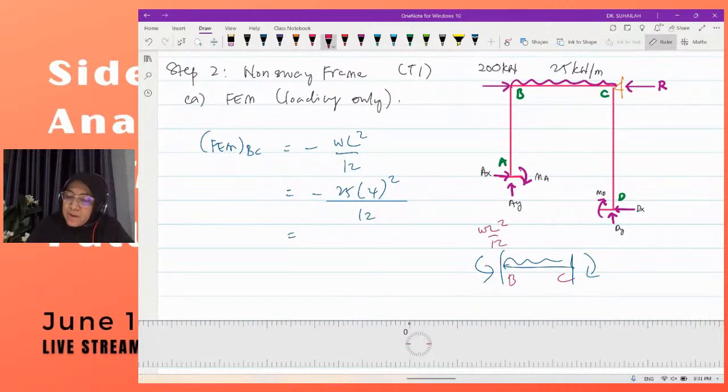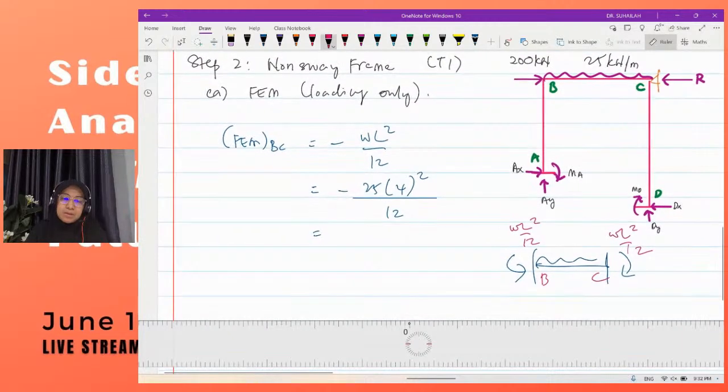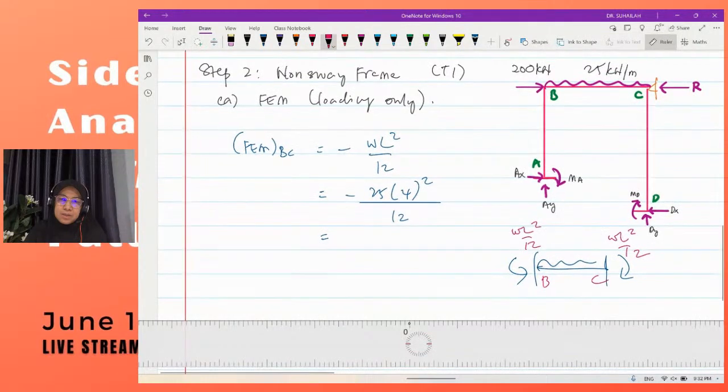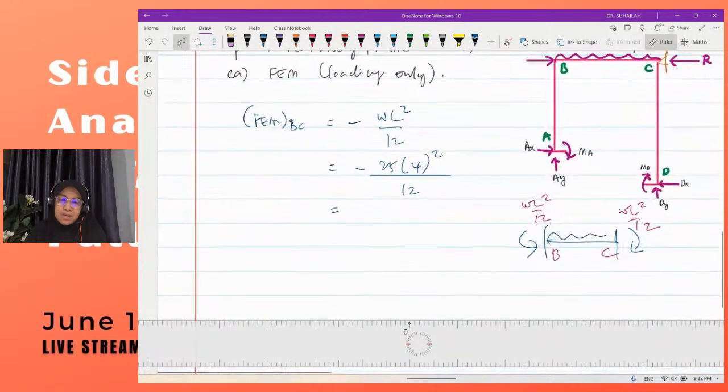WL squared over 12. So what is the answer? 25 times 4 squared divided by 12.